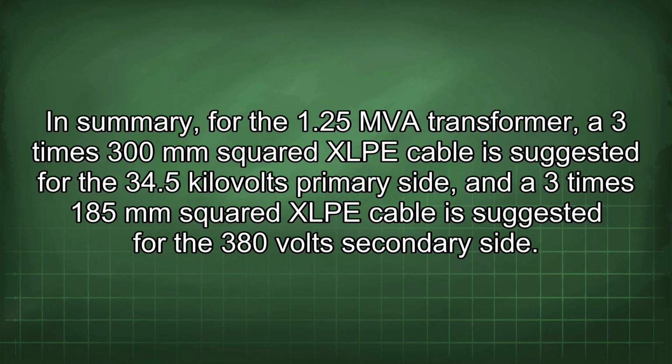In summary, for the 1.25 MVA transformer, a 3 times 300 mm² XLPE cable is suggested for the 34.5 kV primary side, and a 3 times 185 mm² XLPE cable is suggested for the 380 volt secondary side.